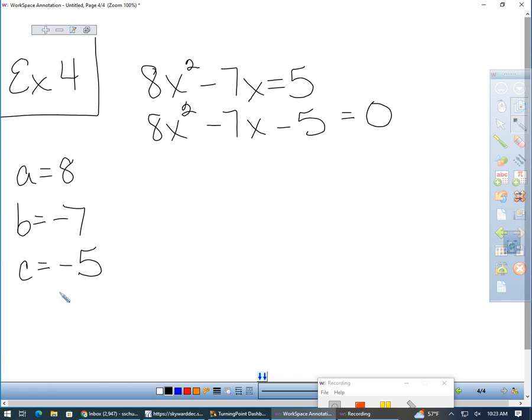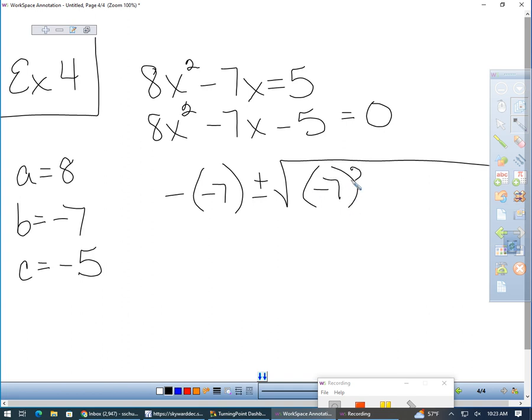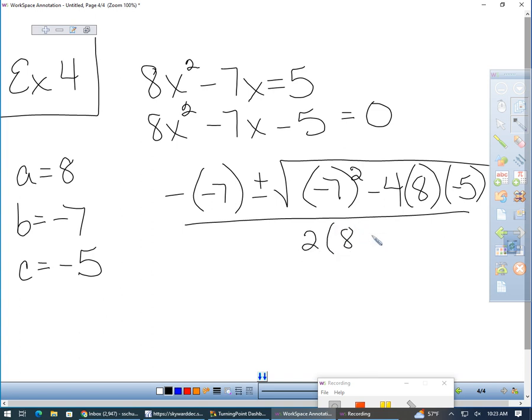Now we're going to put it into the quadratic formula. So we have a negative 7, right? Plus and minus the square root of b, which is negative 7 squared, minus 4 times 8 times negative 5, all over 2 times 8.